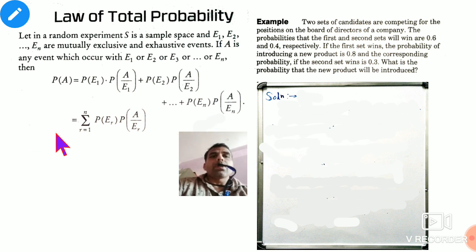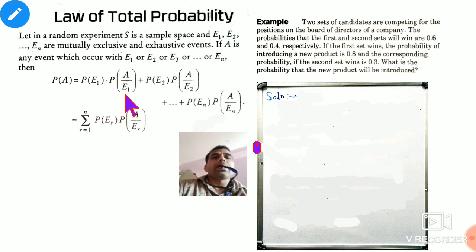This whole addition you can combine using the summation formula: summation, with i varying from 1 to n, of P of Ei times P of A upon Ei. Put values of i from 1 to n and add them. So this is the formula for total probability.